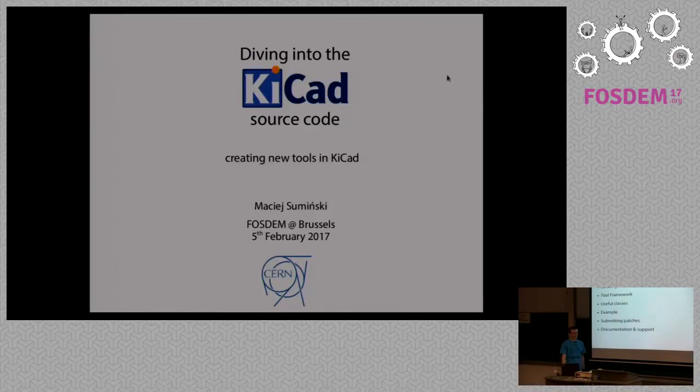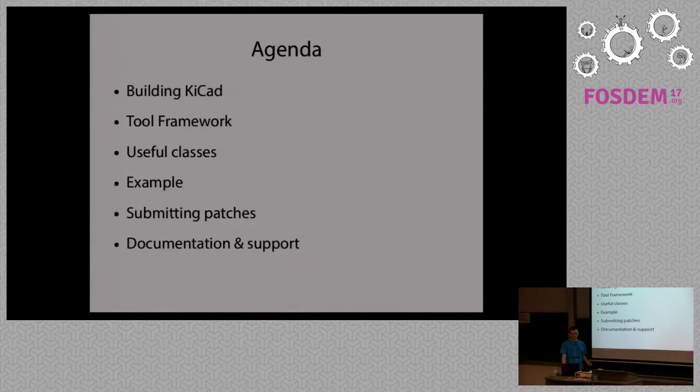So today I would like to tell you how it is done in KiCad, how easy the interface is for creating new tools. And to start with, we need to know how to build KiCad. It's not a very big deal. Then a few words about the tool framework. I think that's the main point here, the interface for creating new tools.